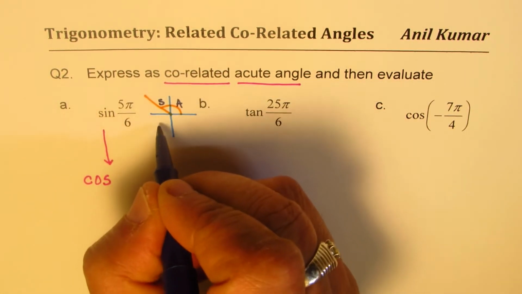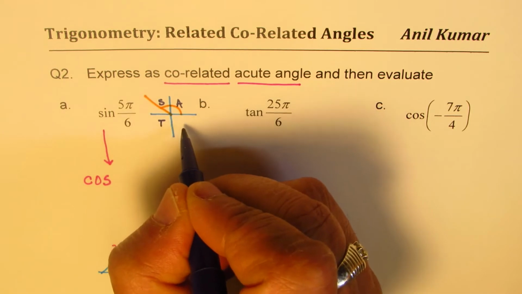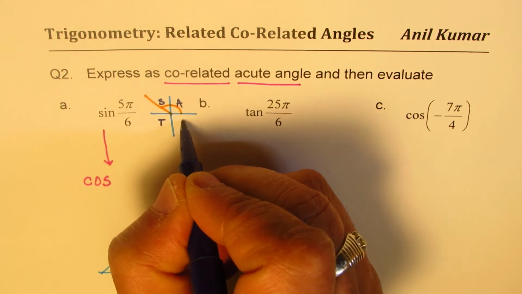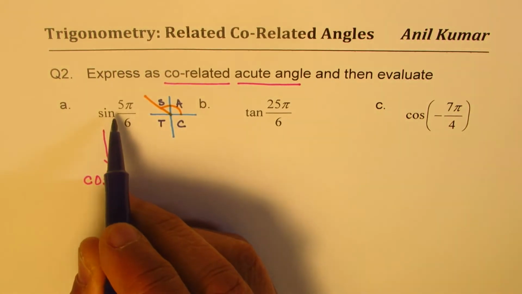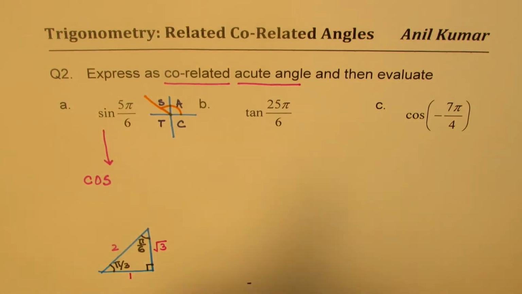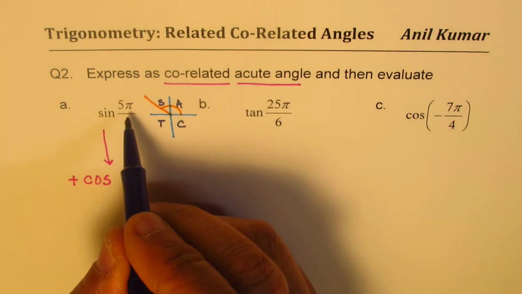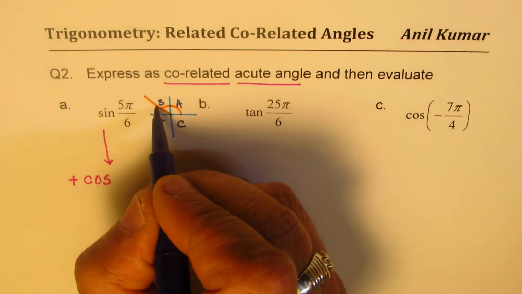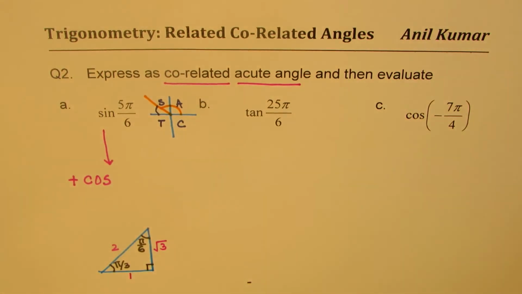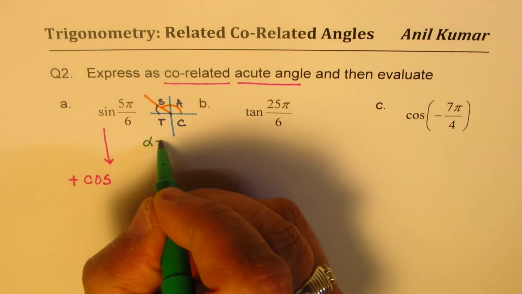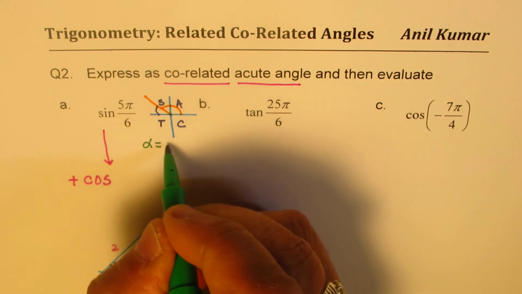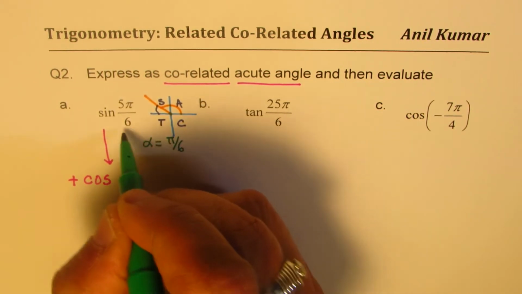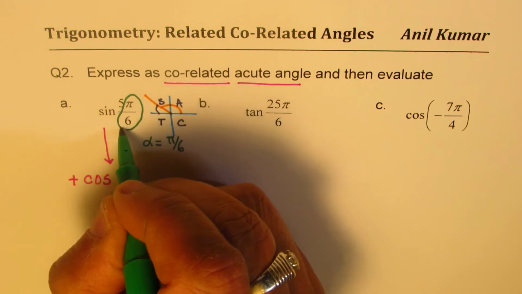Sine is positive in quadrant 2, tan in 3, cosine in 4. So we should get positive value. Correct? The other thing is, what is the acute angle? Well, this angle, which is alpha for us, which we found in example 1, is basically pi by 6. So that is your alpha, correct, in this case.